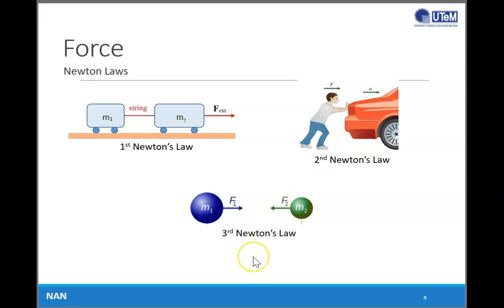And the third Newton's law: when one body exerts a force on a second body, the second body simultaneously exerts a force equal in magnitude and opposite in direction on the first body.